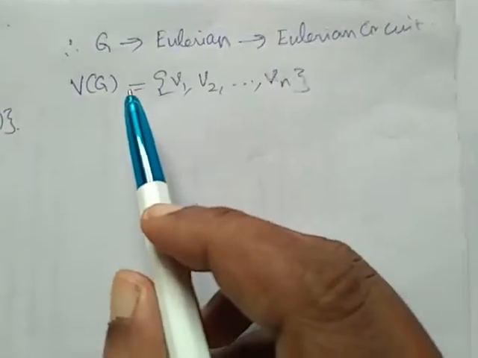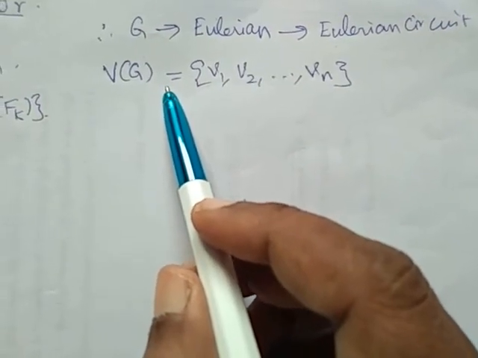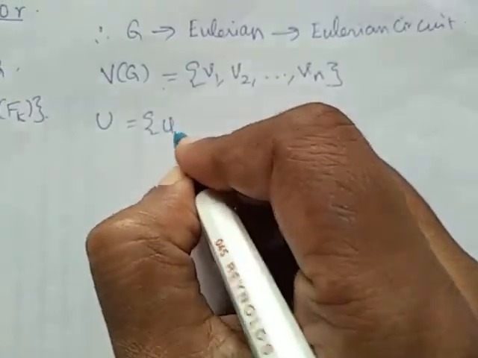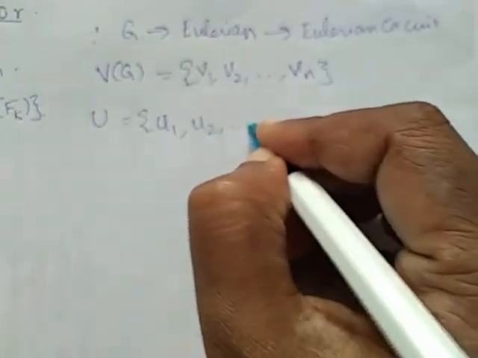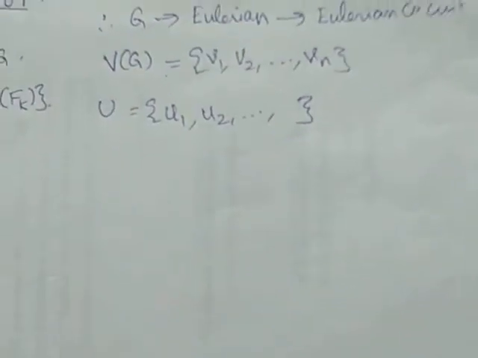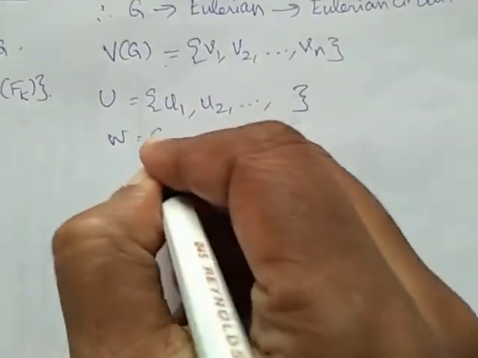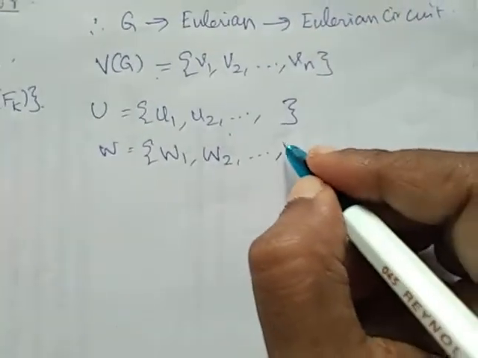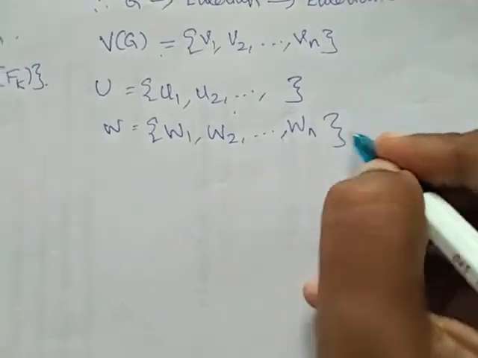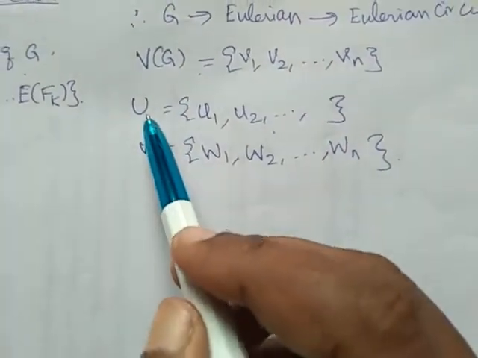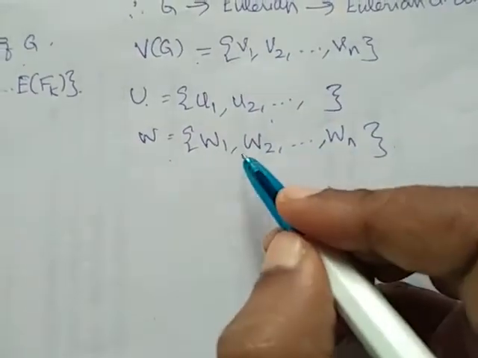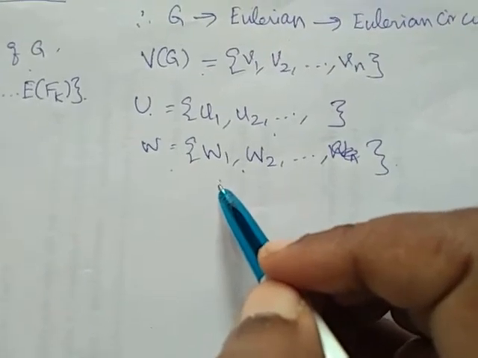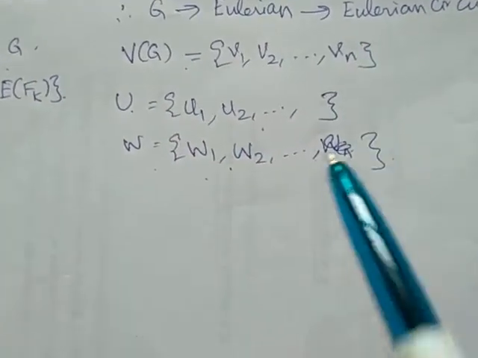We are dividing the vertices into U and W, where Ui and Wi are adjacent to each other. That's the definition of a bipartite graph.